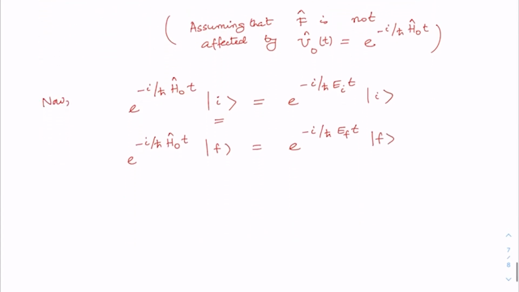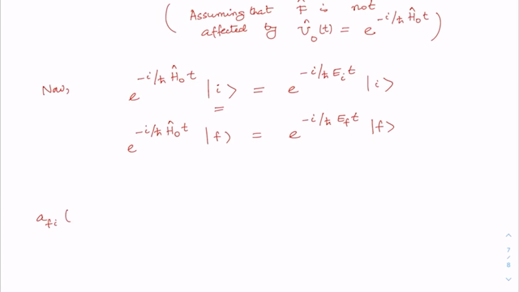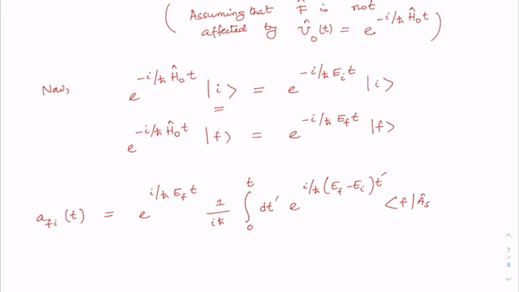So using this, we can write A_fi at time t is equal to e to the power i by h cross E_f t, 1 by i h cross, integration 0 to t dt dash, e to the power i by h cross (E_f minus E_i) t dash, <f|V|i>, and then it is multiplied by <k|F(t dash)|j>.